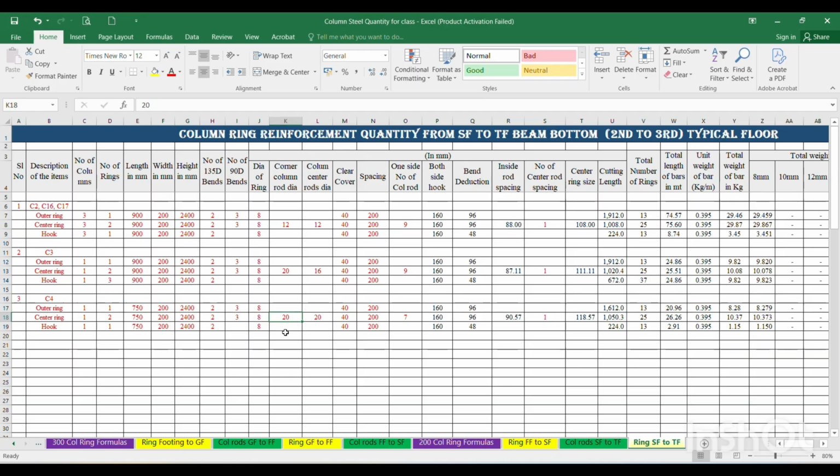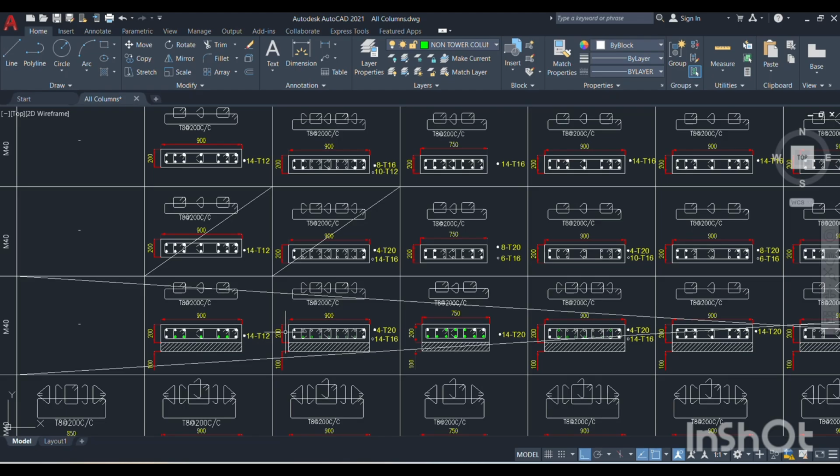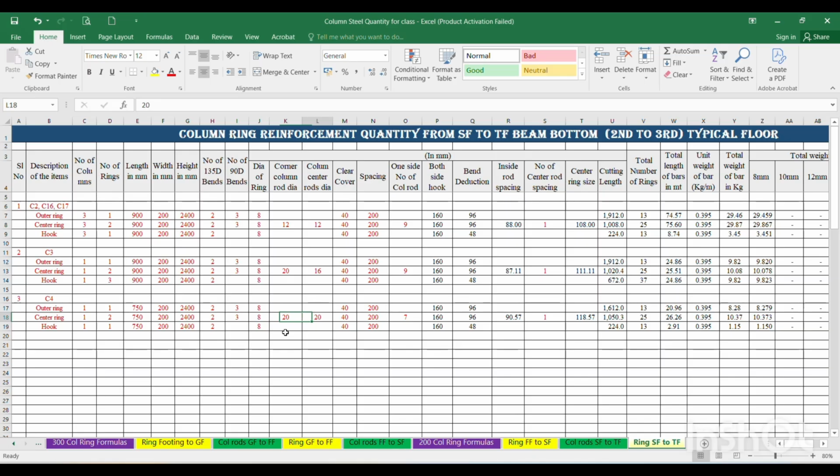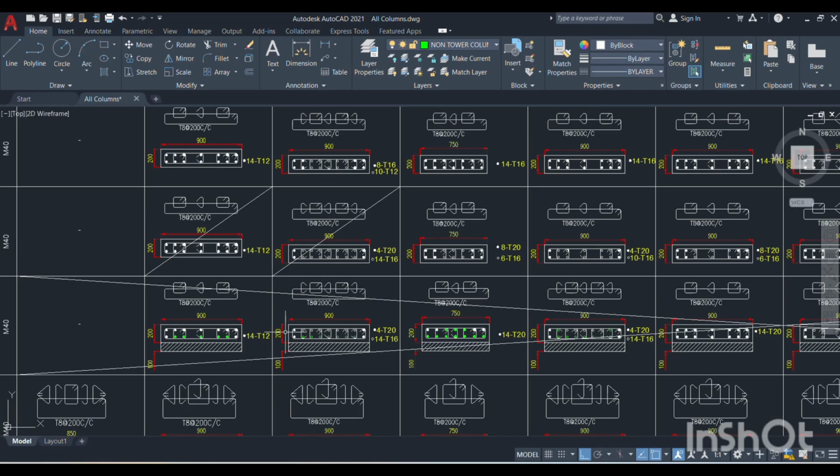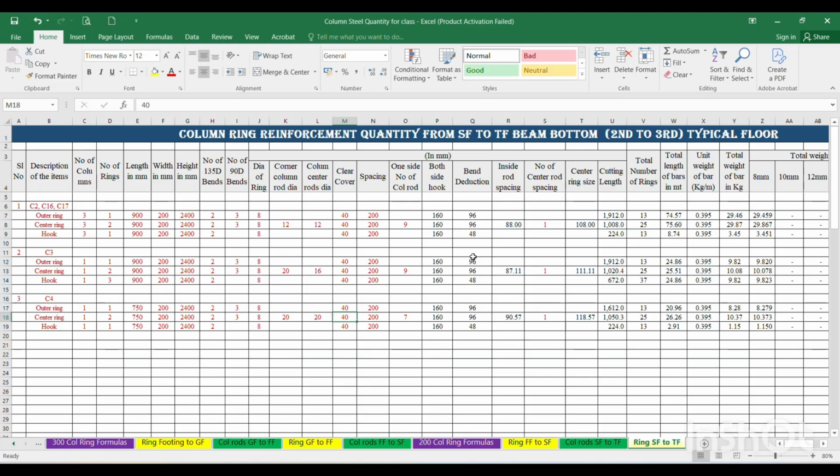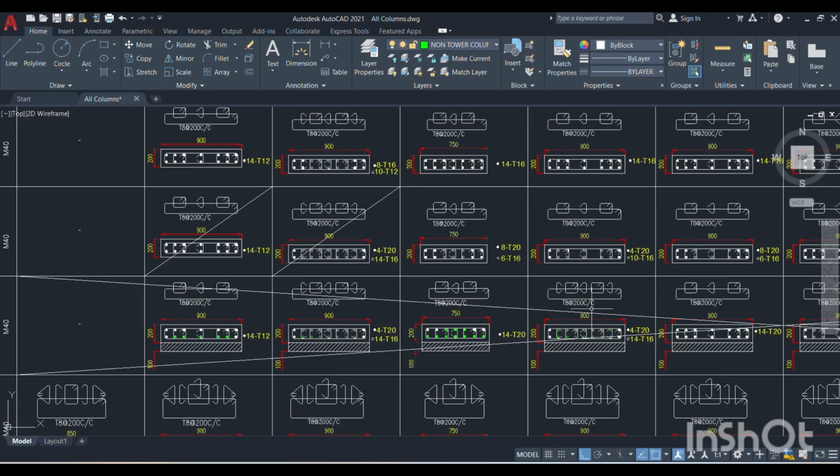And here corner column dia, what will come in this is 20 dia, and inside corner column rod ring, in that also you see inside 20 is there on one side, 16 is there on one side. So take the higher dia in this case. Next cover 40 and spacing 200, and this number of rods on one side, here how much is there?